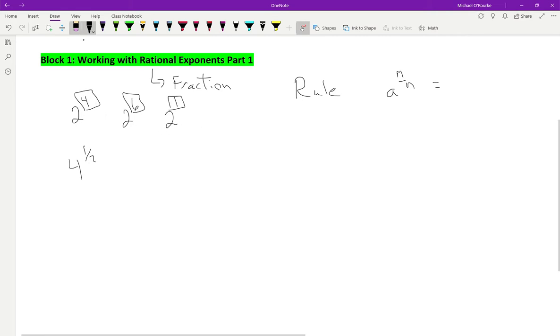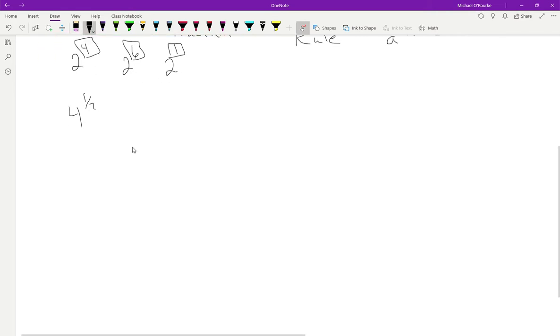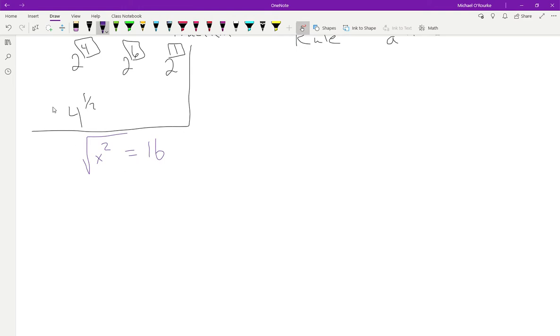So as we start here, let's do a little thought experiment. Let's switch colors so we know we're doing something different. If we think about x squared equals 16, now if we wanted to find what x was, we would take the square root of both sides.